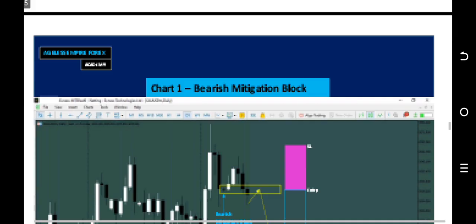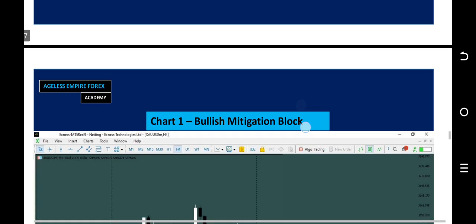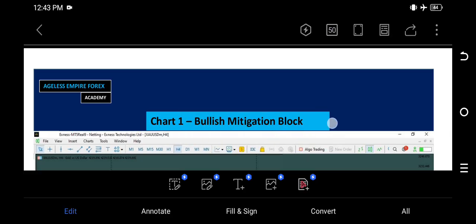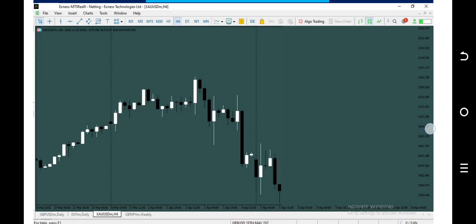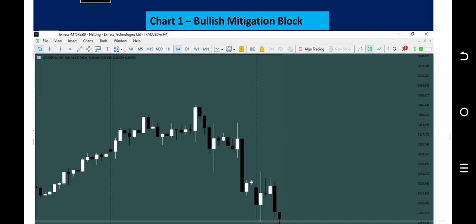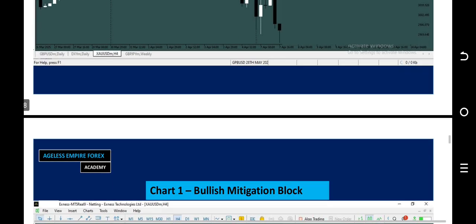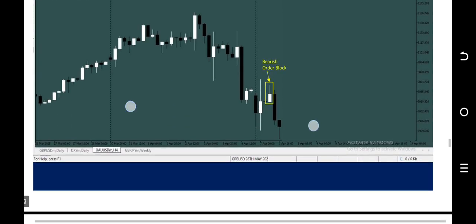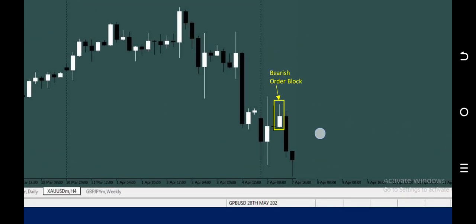This particular one. So let's take a look at a bullish mitigation block. This is a bearish price action, right? So now we map out our bearish order block. Can you see? So when price comes to it, it is expected of this bearish order block to push price lower.